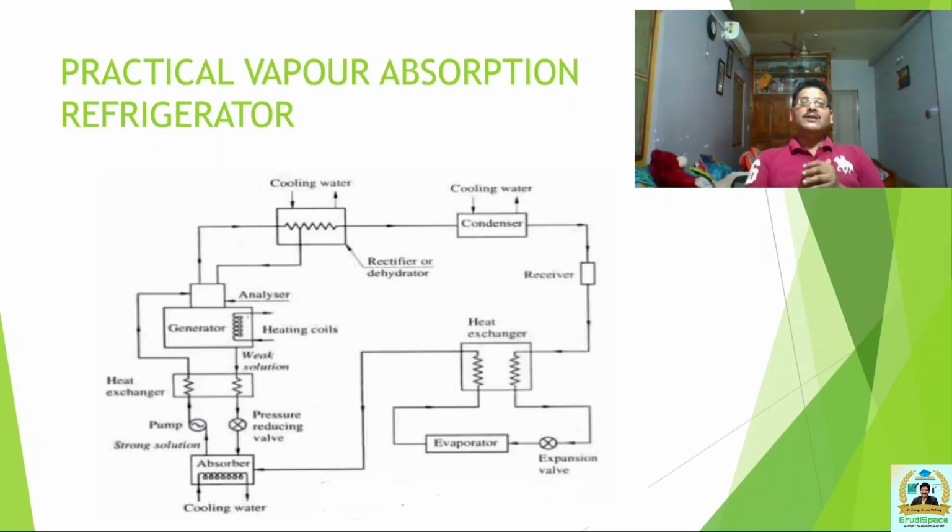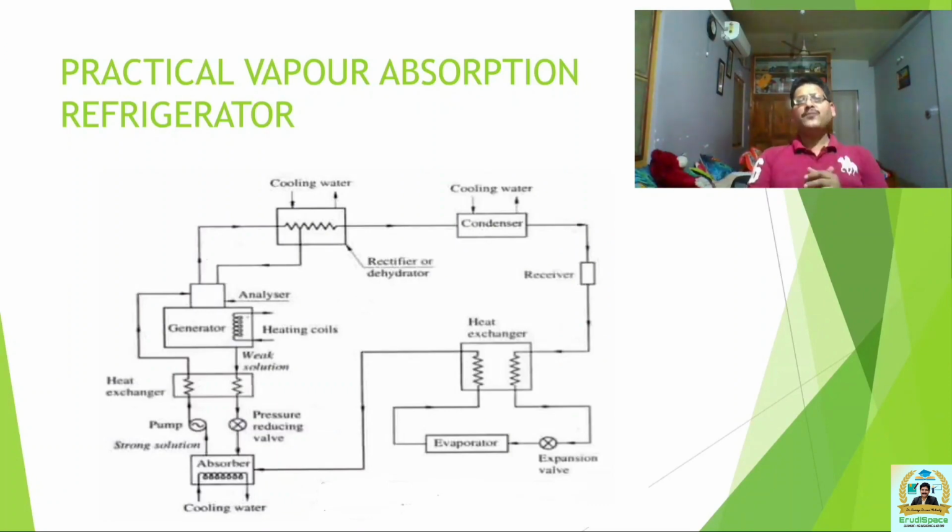But still, some amount of water particle may enter the condenser. For that, another water cooler called rectifier is provided. The water collected from there comes back to the generator by the drip return pipe.